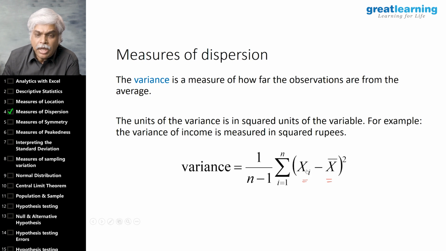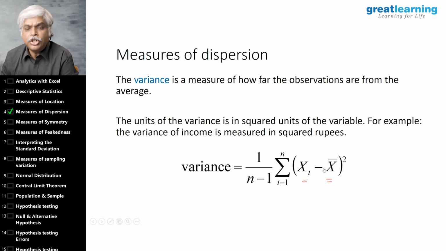Therefore, simply looking at xi minus x bar tells you the difference between xi and x bar. However, it also indicates whether xi is more than x bar or less than x bar for all the observations. And this is a distinction that we do not want to make when it comes to thinking about variation. So we remove this distinction by taking squares.